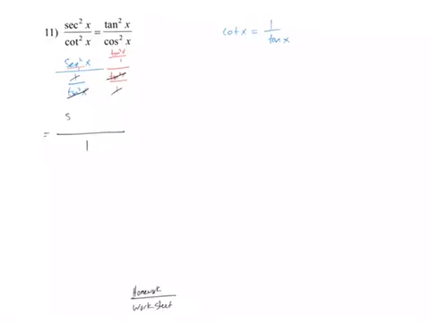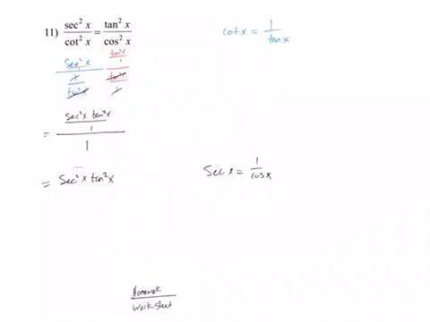And on top, I have secant squared of x times tangent squared of x over 1. It's really just everything divided by 1. That's the same thing as secant squared of x tangent squared of x. Okay, now I need to remember that secant of x is the same thing as 1 over cosine of x.